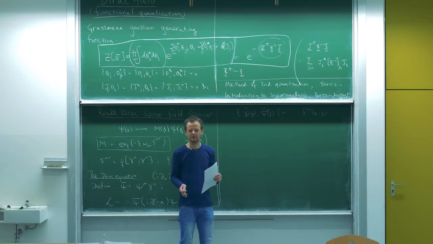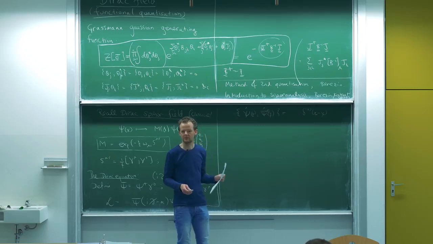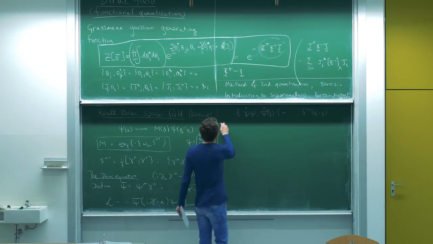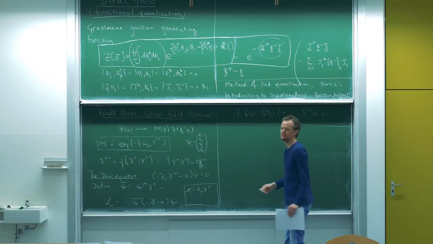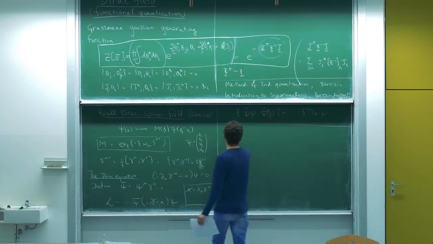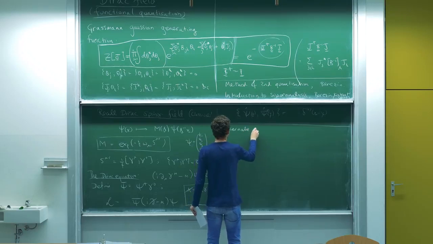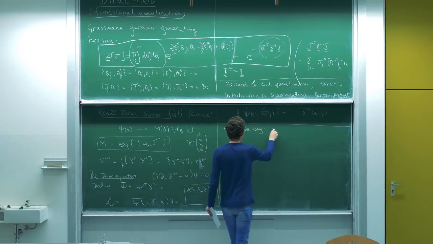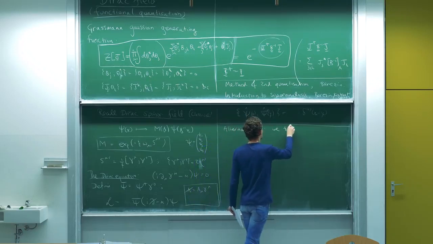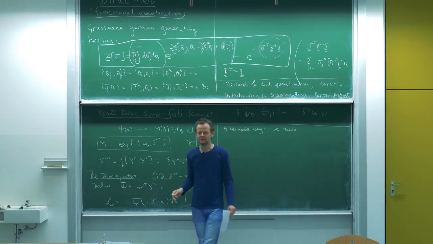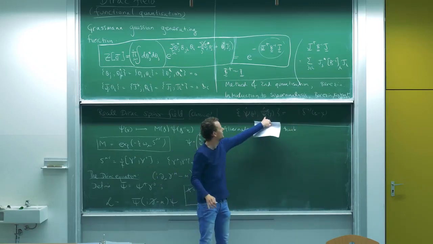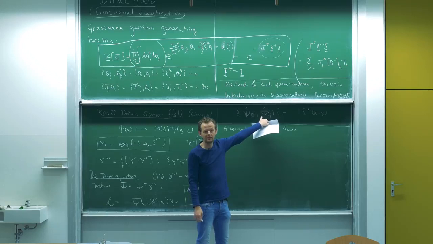a bizarre alternative reality where we could do quantum field theory with Dirac fields. In this bizarre alternative reality, we imagine that we have some classical Dirac field that we then quantize via the path integral.